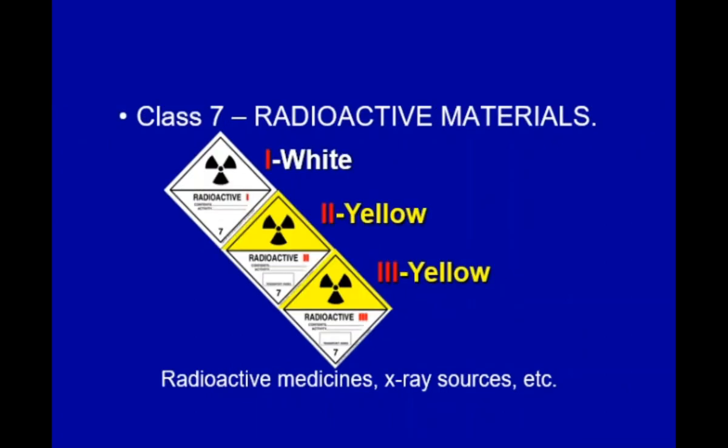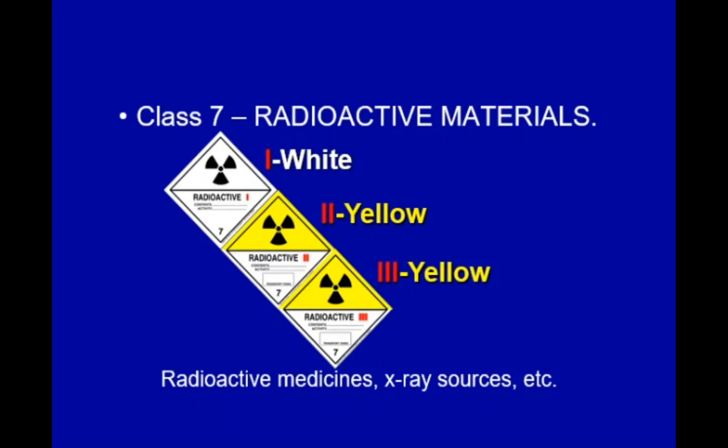Class 7 is radioactive materials. Class 7, radioactive materials. And for radioactive materials, there are no divisions, rather it has three categories. Category I, white. Category II, yellow. And category III, yellow.